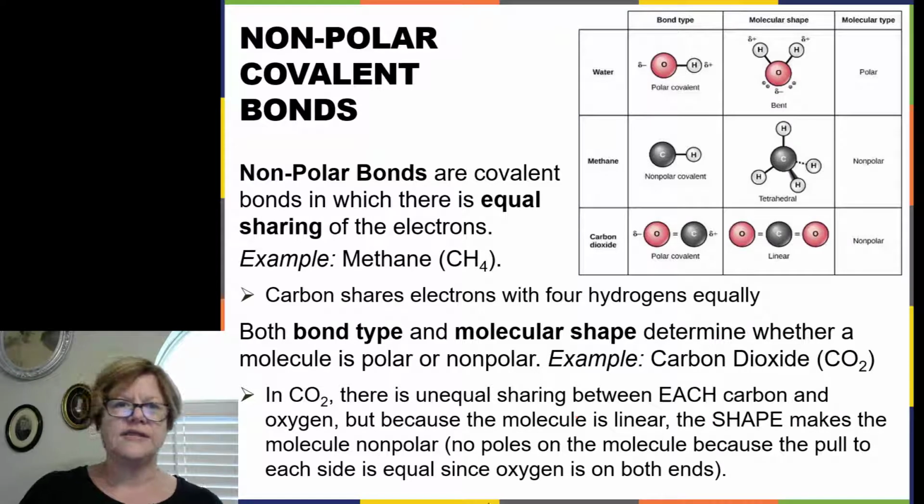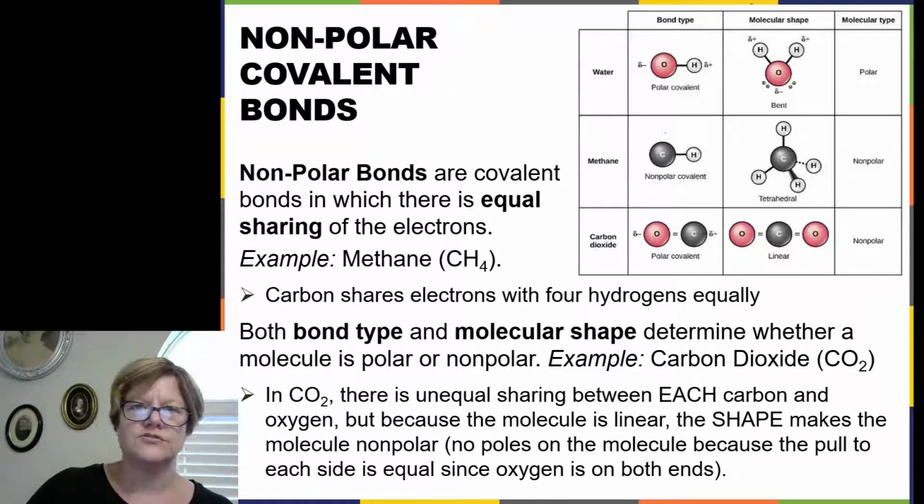Now, like I said, if you have two atoms of the same type in a bond, that's always going to be nonpolar because they both will pull evenly on the electrons. So if you have nitrogen to nitrogen, there's no difference in strength on either end of the bond.